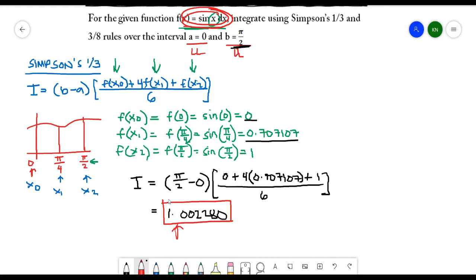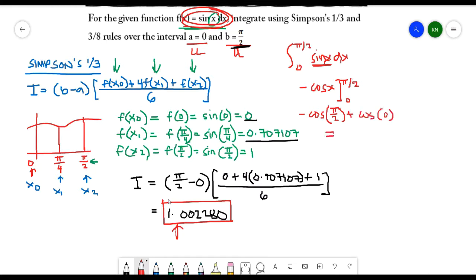So again, we have the integral from 0 to pi over 2 of sine x dx. Now the integral of sine x is negative cos x, from 0 to pi over 2. So substituting the limits, we have negative cos pi over 2 plus cos of 0, that is equivalent to 1.